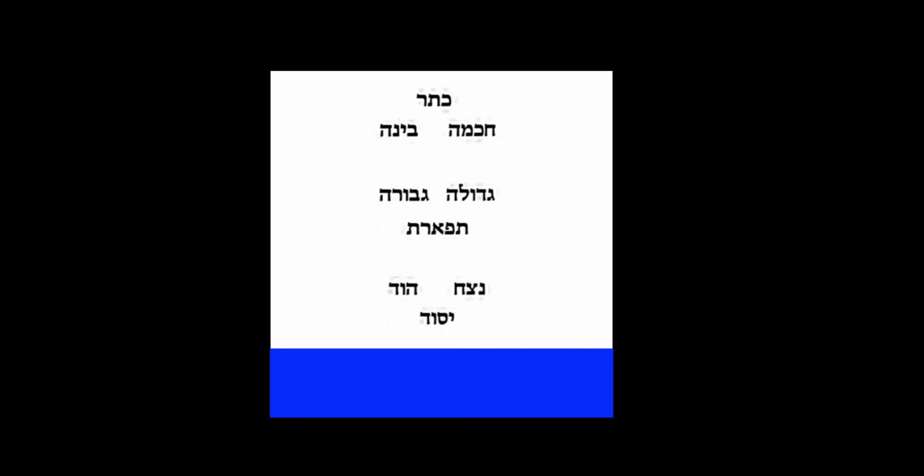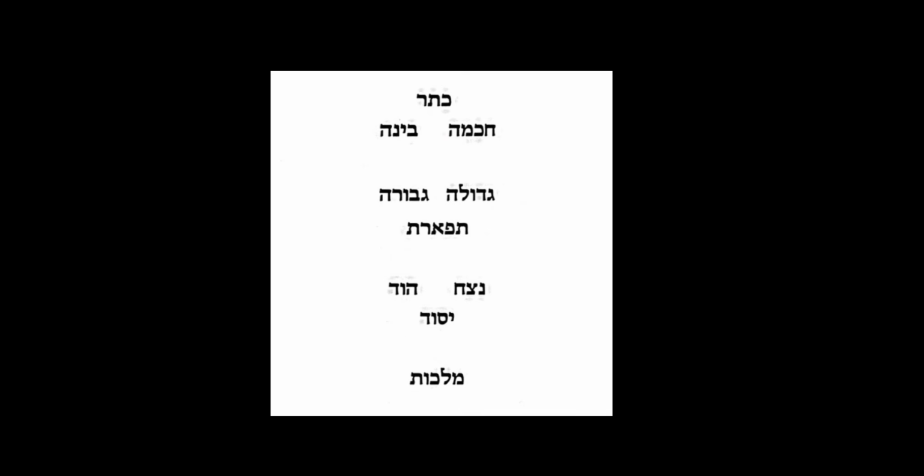Then netzach, hod, yesod is the next level. Netzach is so often translated as victory, but it really means coordination, like a coordinated giving is actually a good translation. Hod is splendor, and Yesod is the foundation. And then you have Malchut, which is all of those put together.